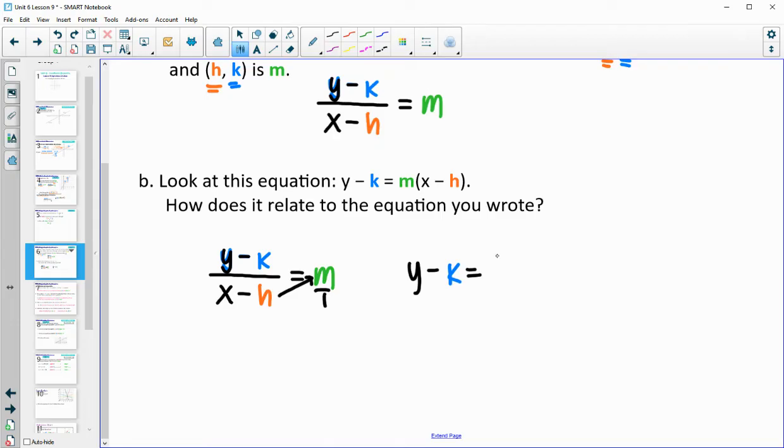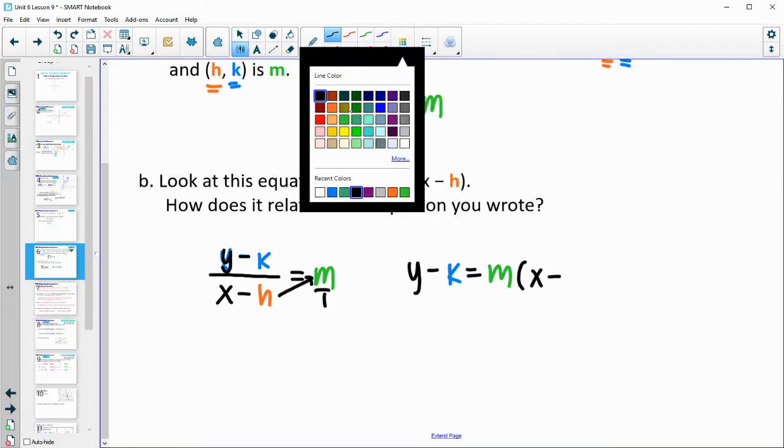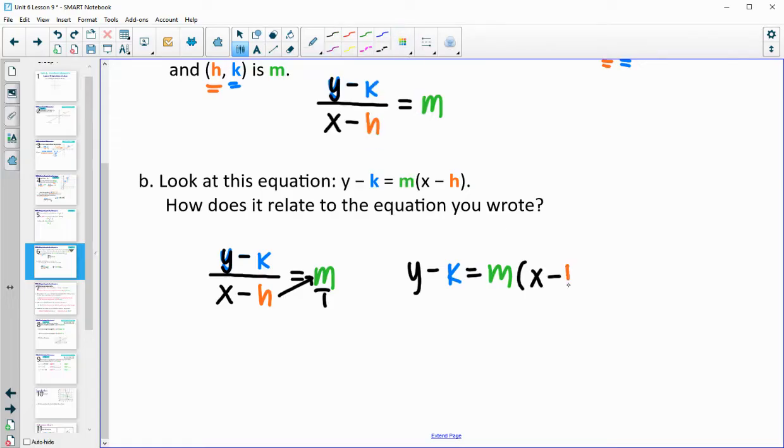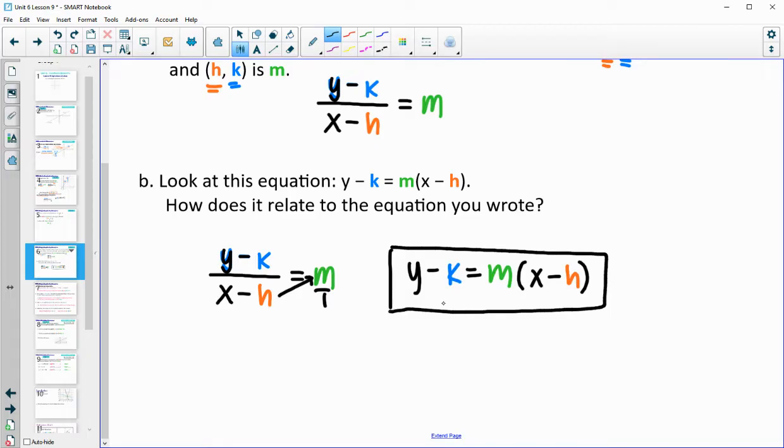So we end up with m times the x minus h portion. So we know that this is an equation that will work for us to write a line when we know a point. (h, k) is a point that we know the line is going to go through. So we know (h, k) is on the line, and we know that the line has a slope of m.